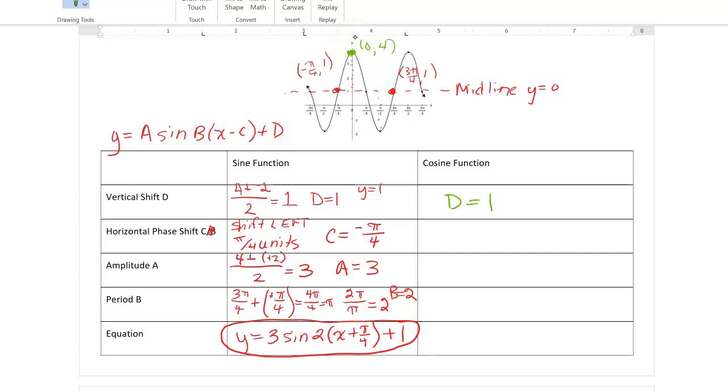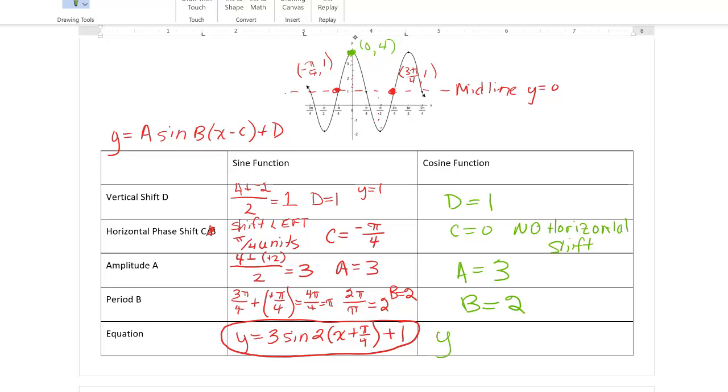So it's starting at 0, so there is going to be no horizontal shift. So this means C equals 0. There's no horizontal shift. Next, the amplitude A is still 3, and the period here is still 2. So again, once you've done one, the other one comes quite quickly.